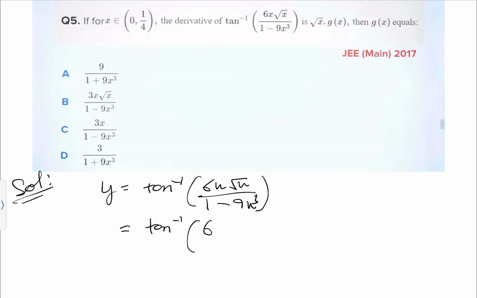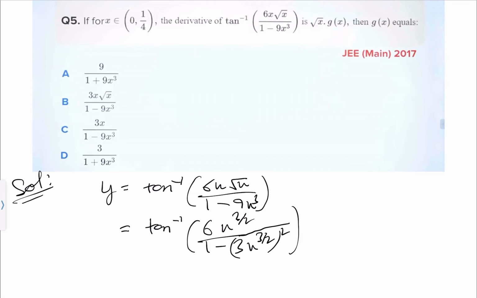So it will be 6 multiplied by x to the power 3 by 2 upon 1 minus 9, and we can also write this x in the same powers. So this can be written as 3 multiplied by x to the power 3 by 2, whole square.